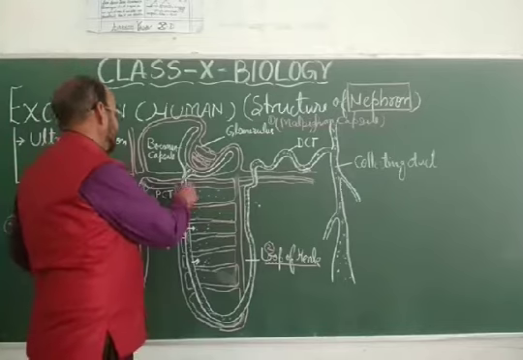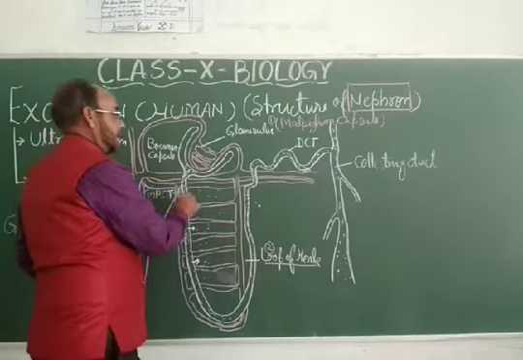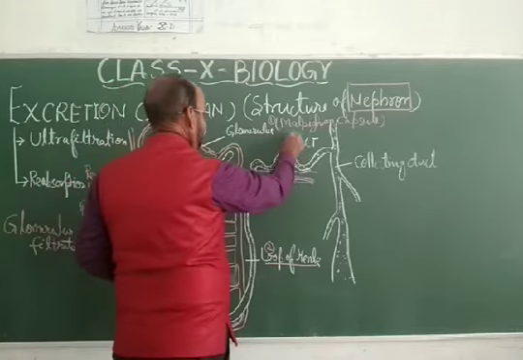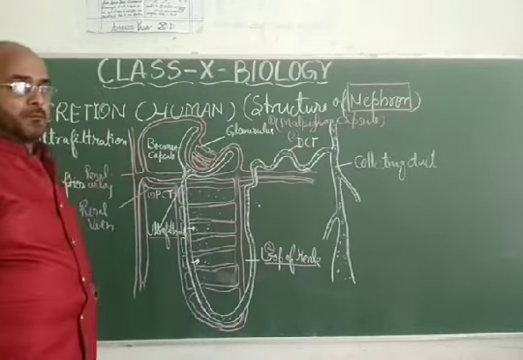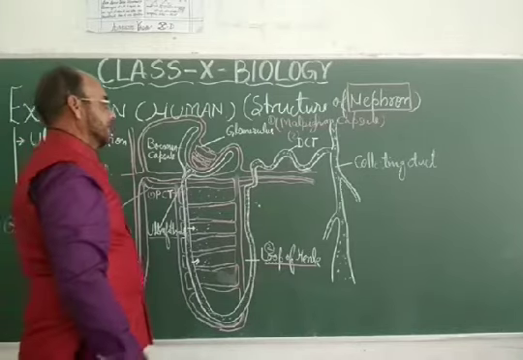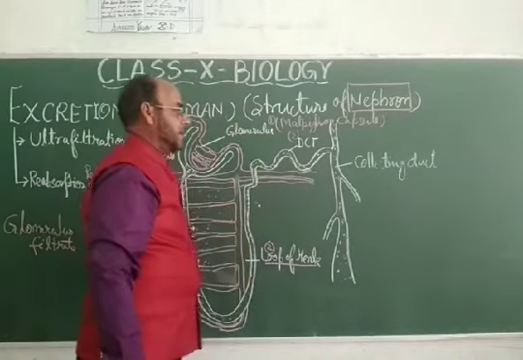This secretory tubule has two ends. The first end is the PCT and the second end is the DCT. PCT is the proximal convoluted tubule, while DCT is the distal convoluted tubule.